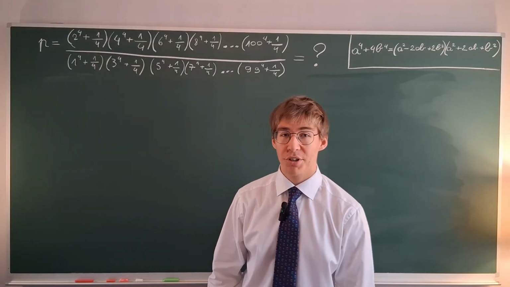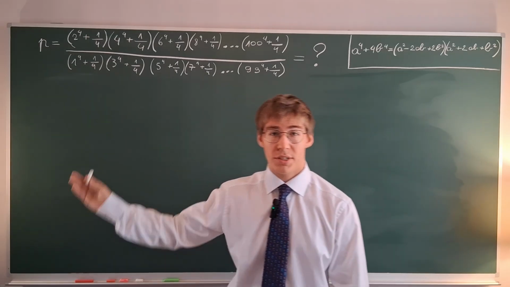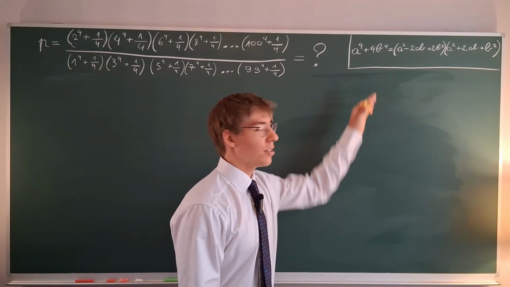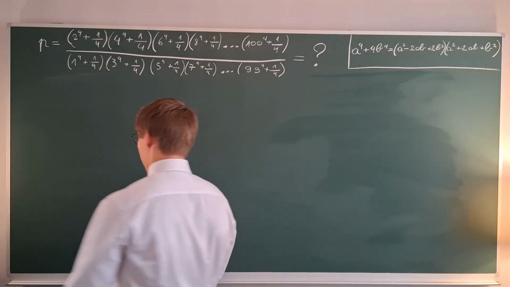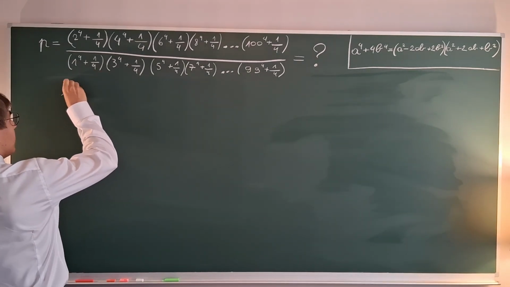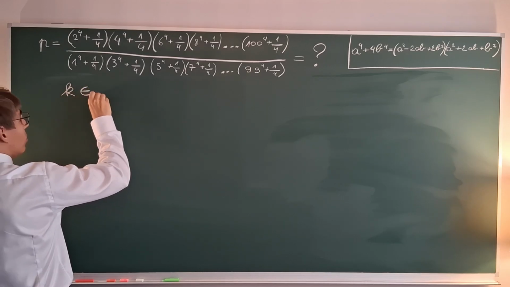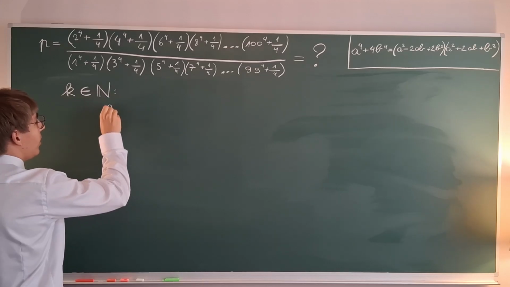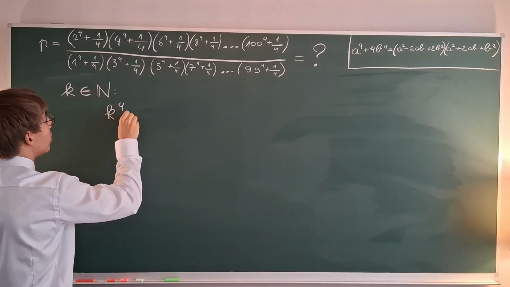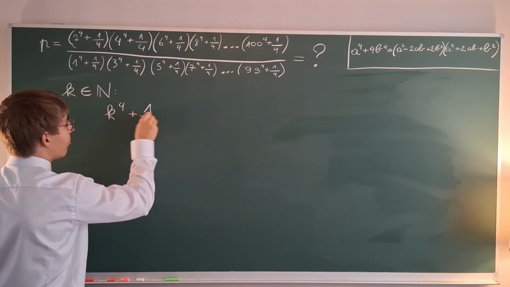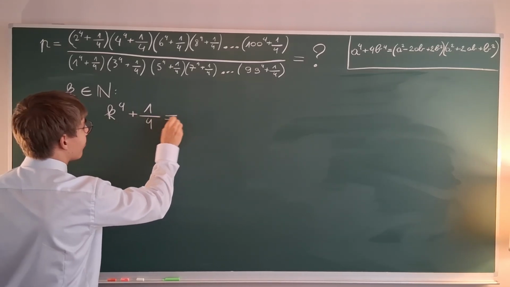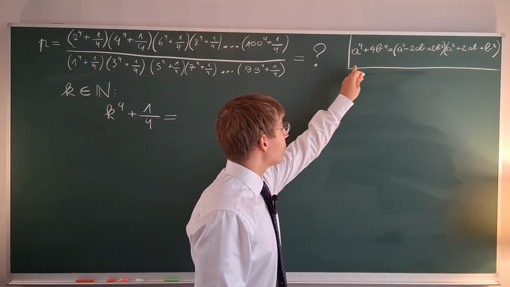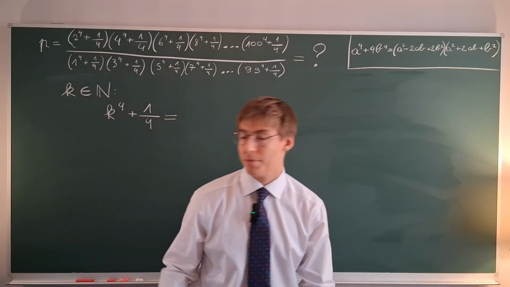To solve this problem, we need to calculate the value of p, which is this huge expression. So let's try to simplify this using the identity of Sophie Germain. Now notice that every factor is of the form k to the fourth plus 1 over 4, with k a natural number. And let's now try to get this into the form a to the fourth plus 4 times b to the fourth.